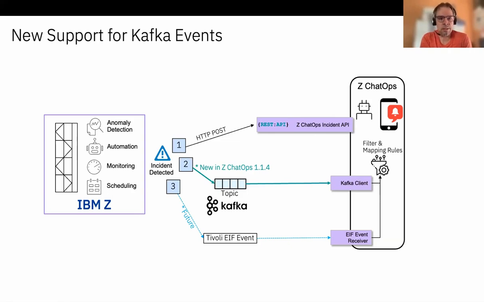System automation allows forwarding to EIF targets. And we have now implemented, or are implementing actually, so that's marked as future, but will be delivered pretty soon, an EIF event receiver on the Z ChatOps side that can listen also for EIF events. So that simplifies integration also, because you can just use the out-of-box EIF eventing that is offered by many of our products to send those events also into Z ChatOps.